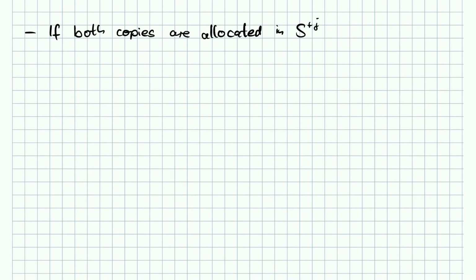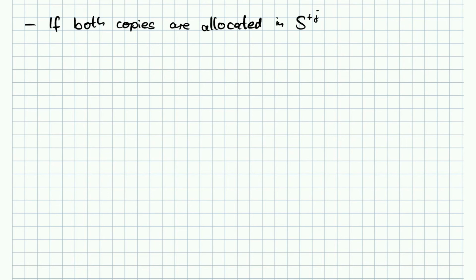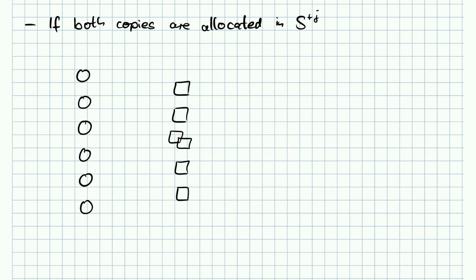Well, let's think of this a little more visually. We'll have a couple of buyers and we'll have a couple of items. Now there's of course item j, which we have twice in S plus j, so this will be item j. Let's now first draw our allocation S. And once again, allocation S does not use item j. So this might look like this.